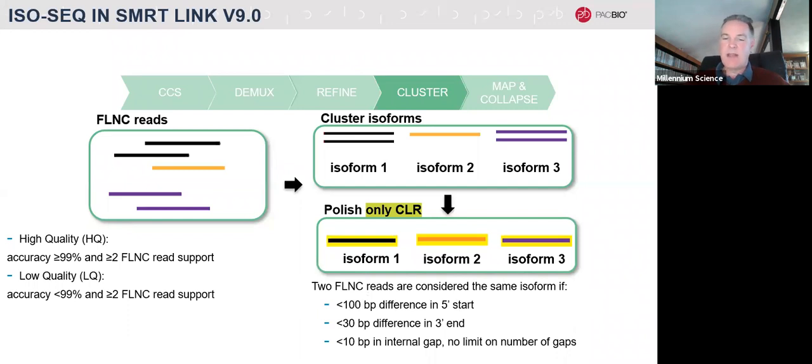Less than 30 base pairs difference at the 3' end. Again, if there's under 30, it will put them in the same basket. And of course, less than 10 base pair internal gaps. There is no limit on the number of gaps, you can have multiple gaps as long as they're less than 10 base pairs, then it will put them into those and consider them the same isoform.